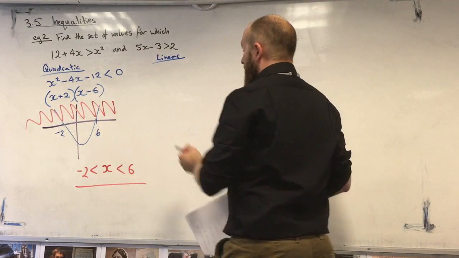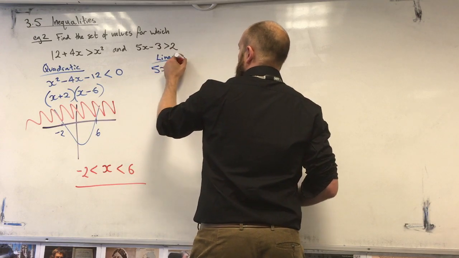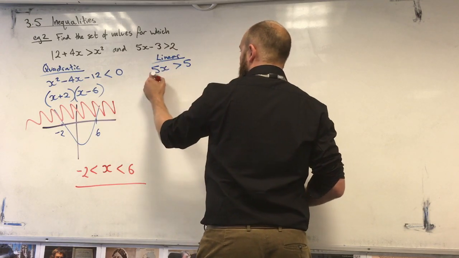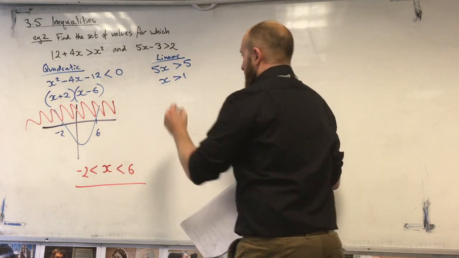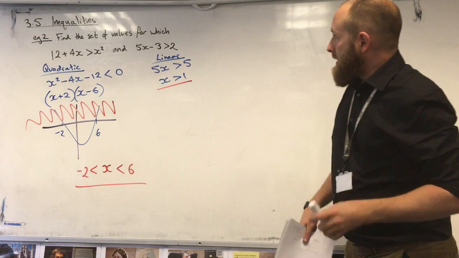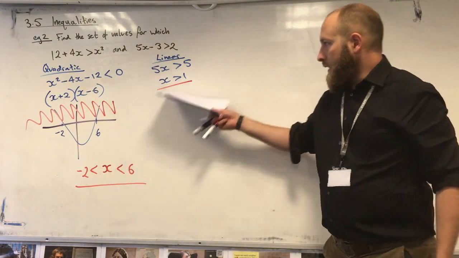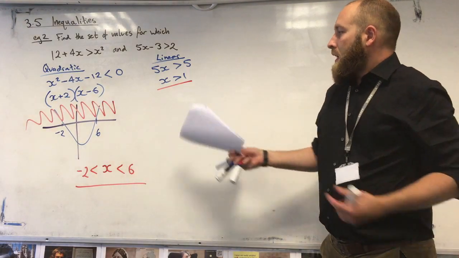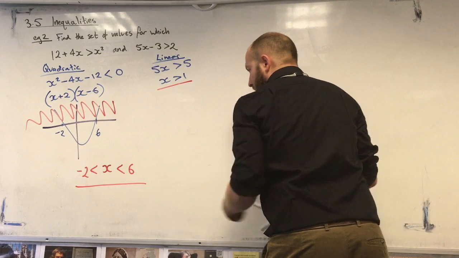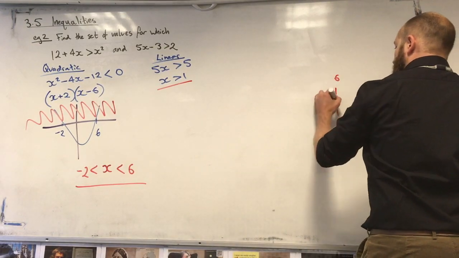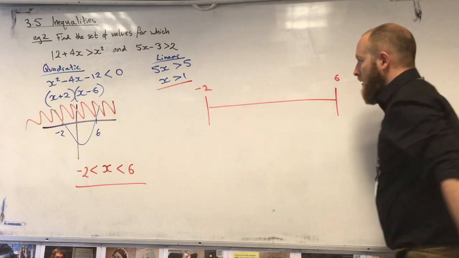So like we were doing earlier, we'll add the 3 to both sides, divided by 5. So there's our set of solutions for the linear inequality. So the set of values that works for both of these is going to be the set that includes a range of these values. So we're going to draw all of this on a number line. So first of all, the quadratic inequality, we go from 6 down to minus 2.